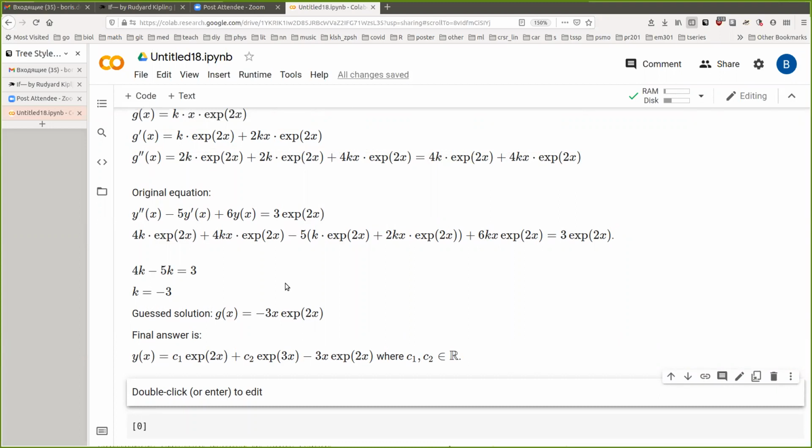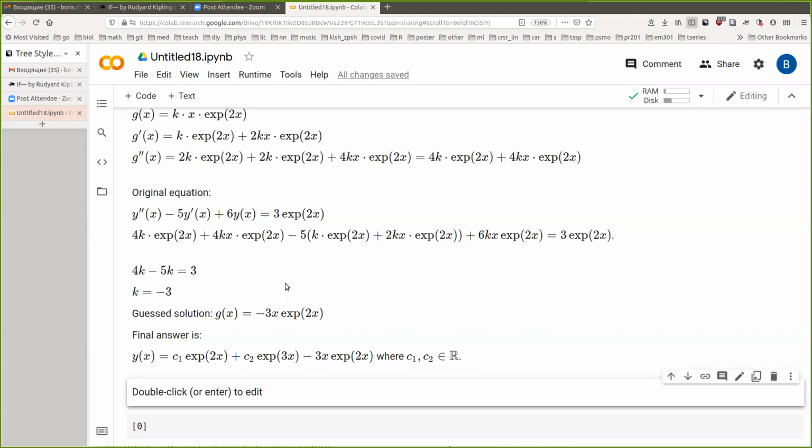Okay, any questions? No questions, everything okay? So, and Daria, basically this phenomenon is called resonance. The problem is that the right-hand side has exactly the same structure as the solution of the homogeneous equation.